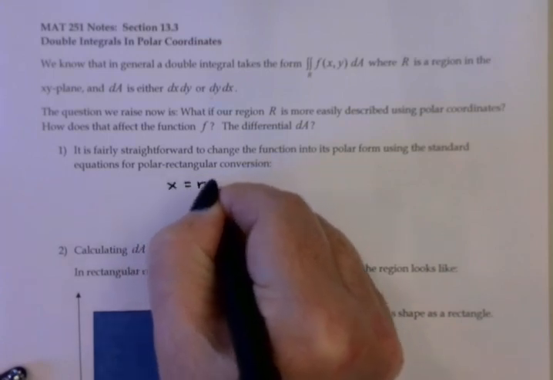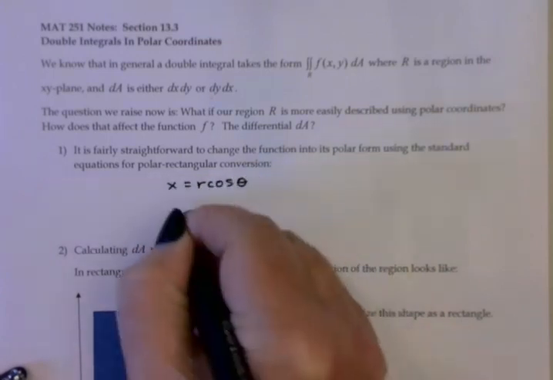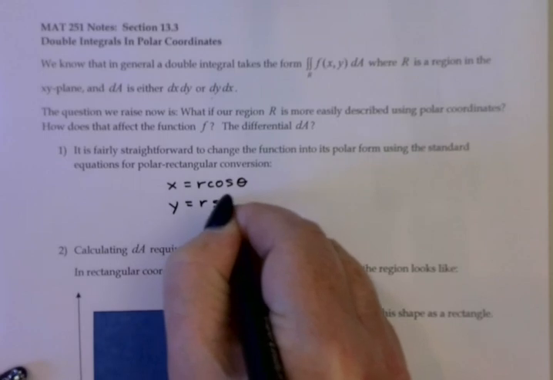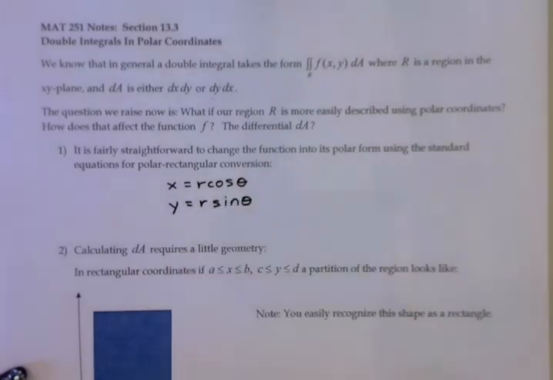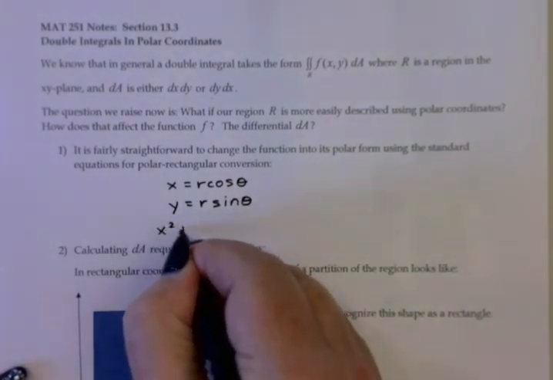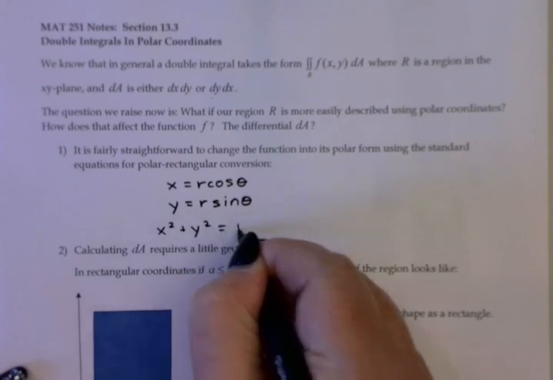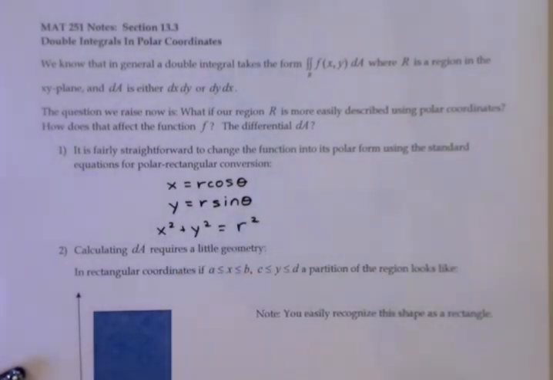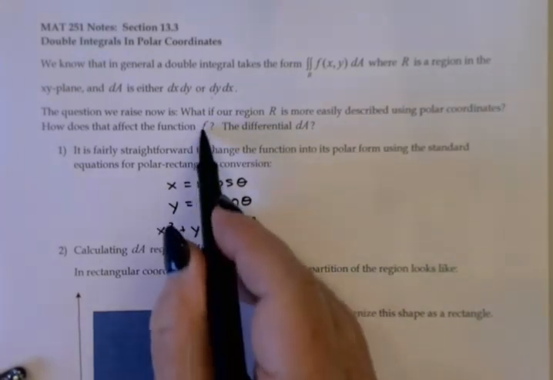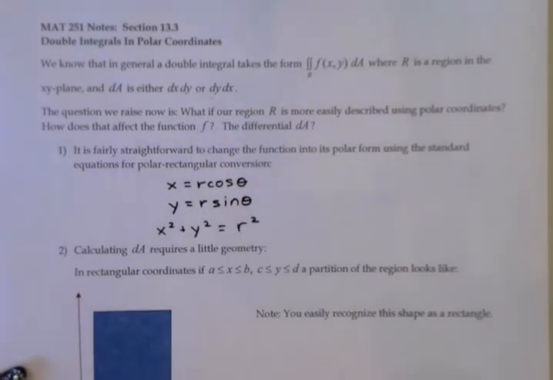Specifically, x is equal to r cosine theta, y is equal to r sine theta, and x squared plus y squared is equal to r squared. If you use these equations, you can usually convert your function f without too much trouble into polar coordinates.